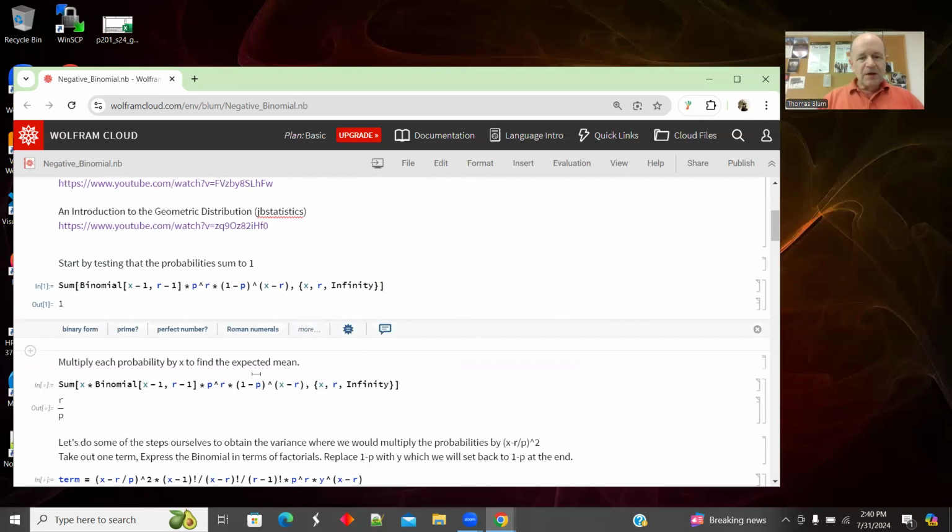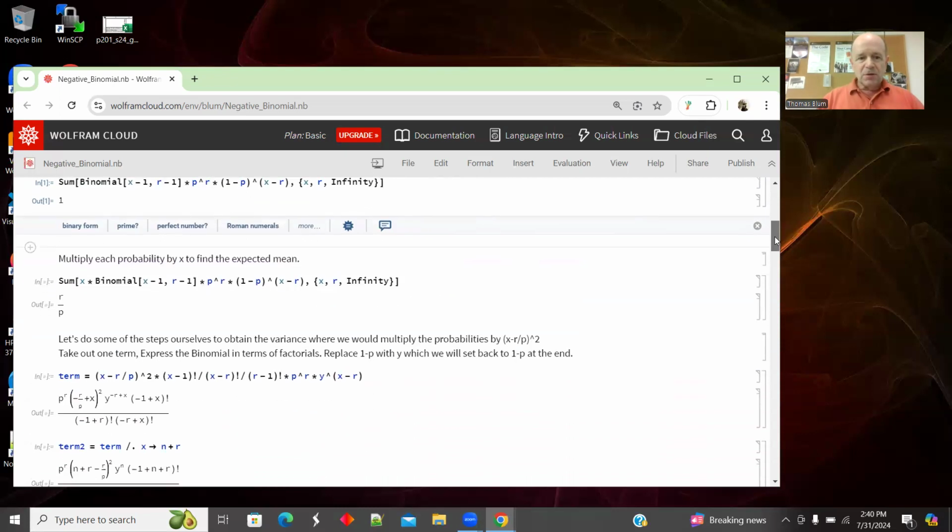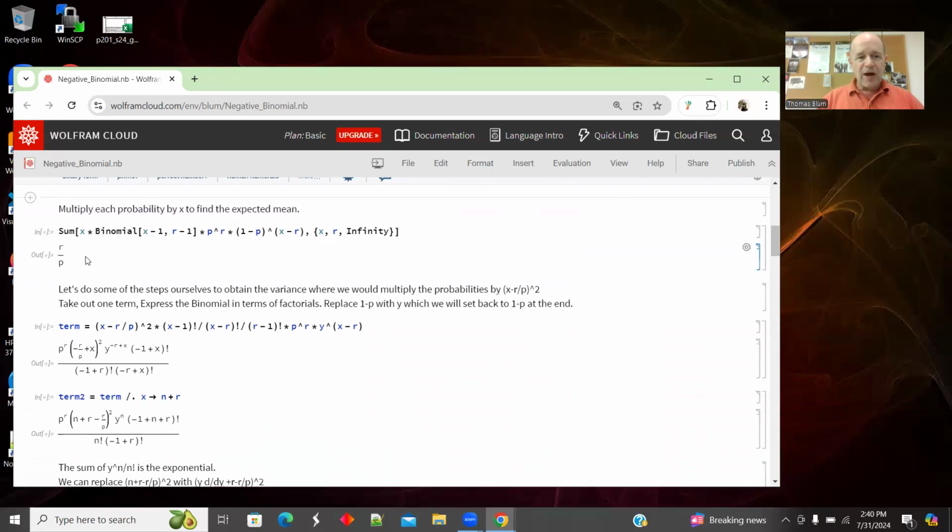Then I'm going to ask Mathematica to get the mean for me. I'm going to see what I can do to some extent without Mathematica, or with less help from it, and then let it do its thing once I'm confident I know how to do something.